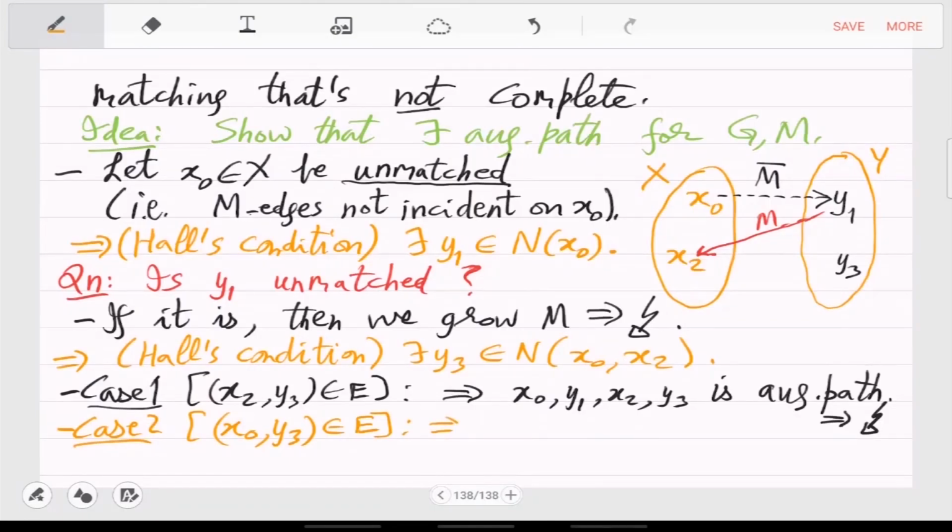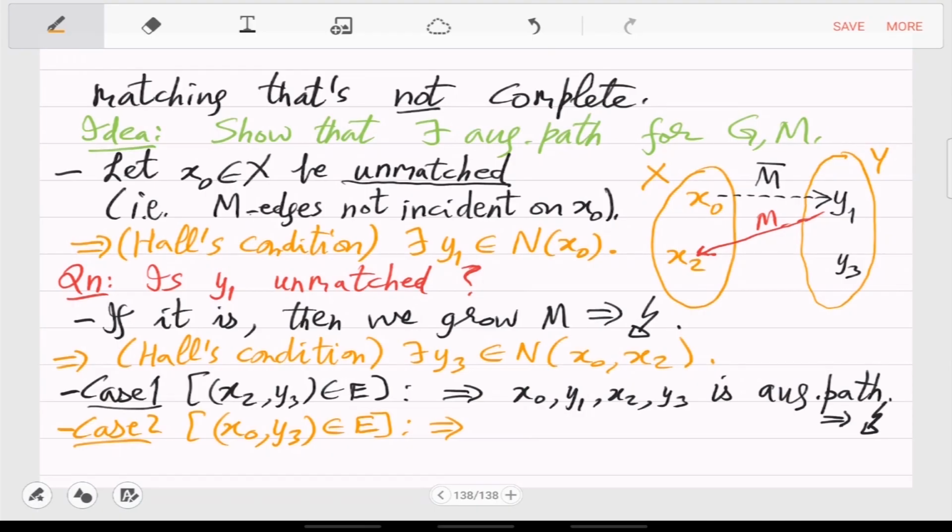And what is case 2? Case 2 is that y3 with x0 is an edge. So then what happens? Well, with x0 there can only be an M complement edge.